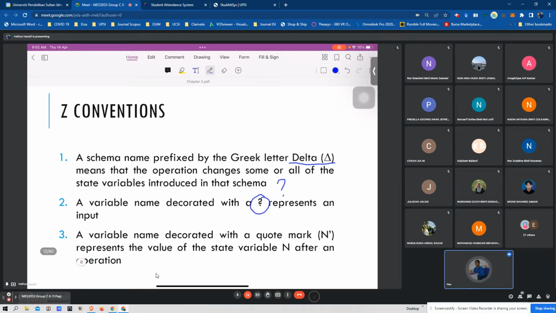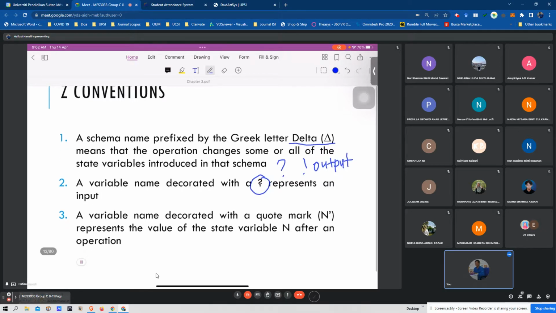Question mark represents input, exclamation mark means output. And then a variable name decorated with a quote mark, or single quote, represents the value of the state variable after the operation.